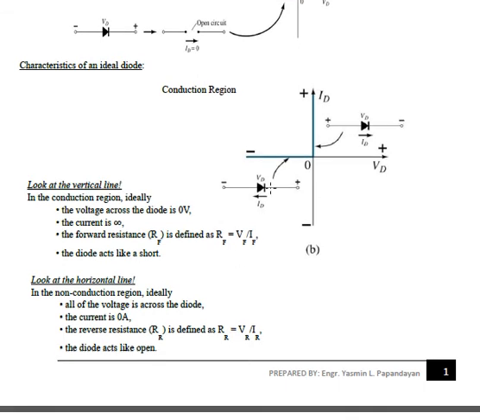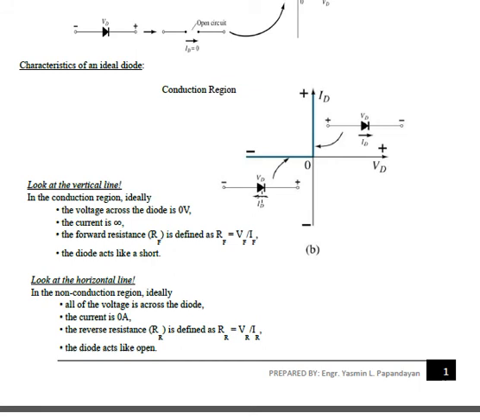Now, if we take a look at the horizontal line, this is the non-conducting region. Ideally, all of the voltage is across the diode. The voltage here is maximum, concentrated across the diode, and since it is open circuited, the current should be equal to 0.